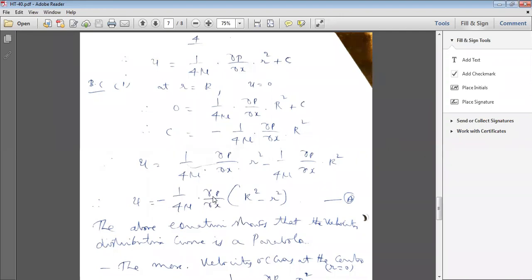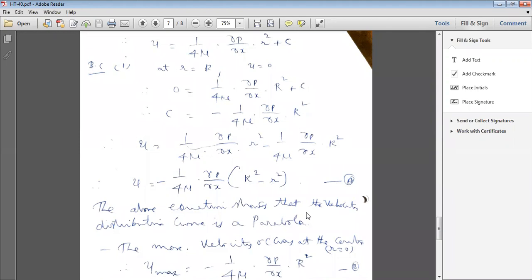Pressure is high at the entrance, and pressure decreases in the direction of flow. Capital R is the radius of the pipe or tube. Small r is any radius at a given value of y.